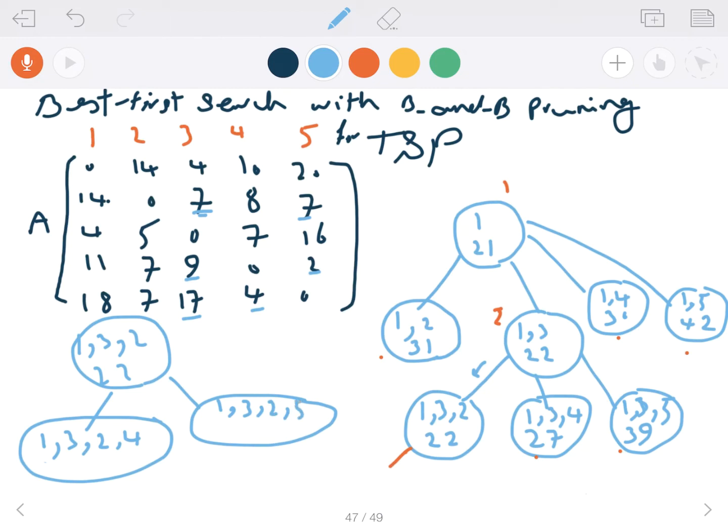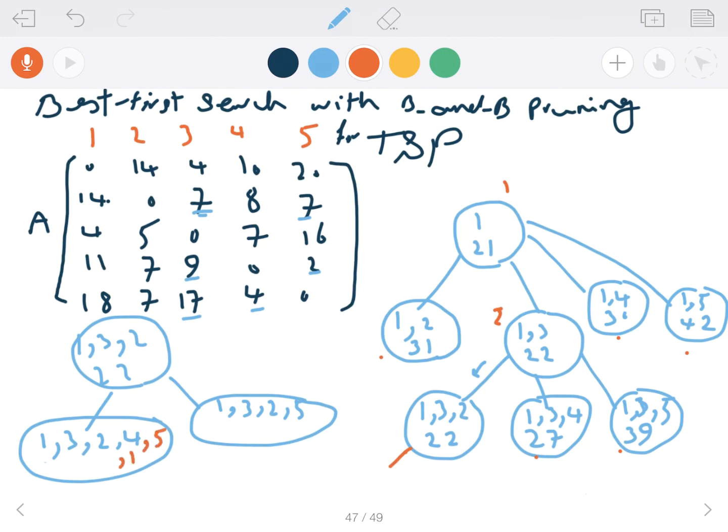And I cannot expand this node anymore. The reason is obvious: I have visited node 1, 3, 2, 4, and I have no other option except node 5, and then going back to node 1.